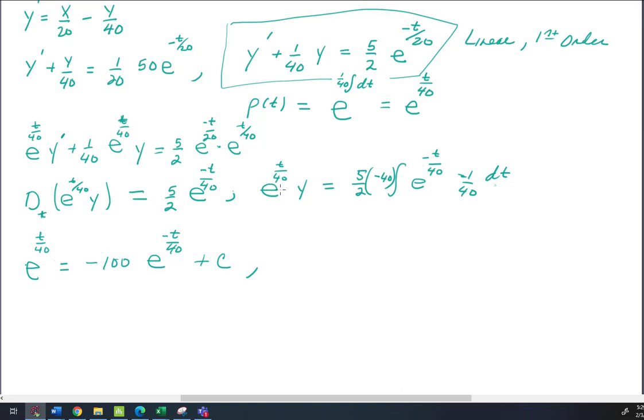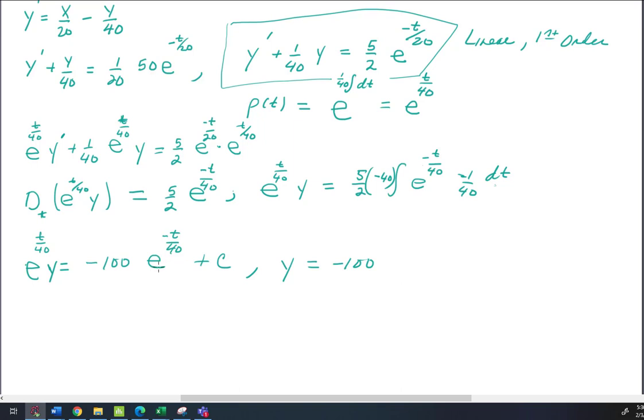And I copied that down, and for some reason I left off the y. So now that's correct. Now let's divide by the coefficient of y, and we get y is equal to negative 100. And then what would this be?